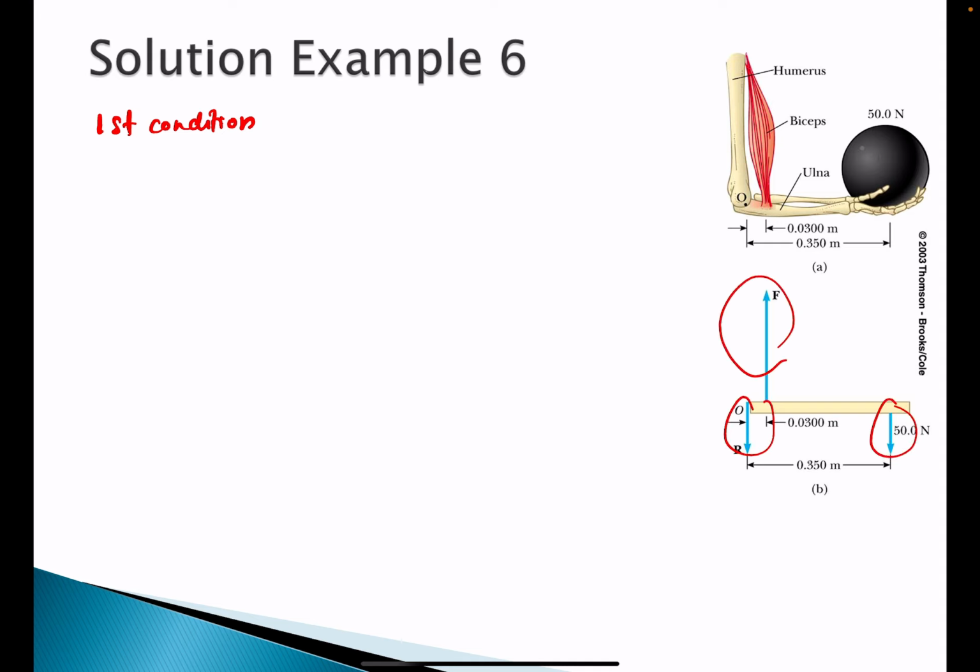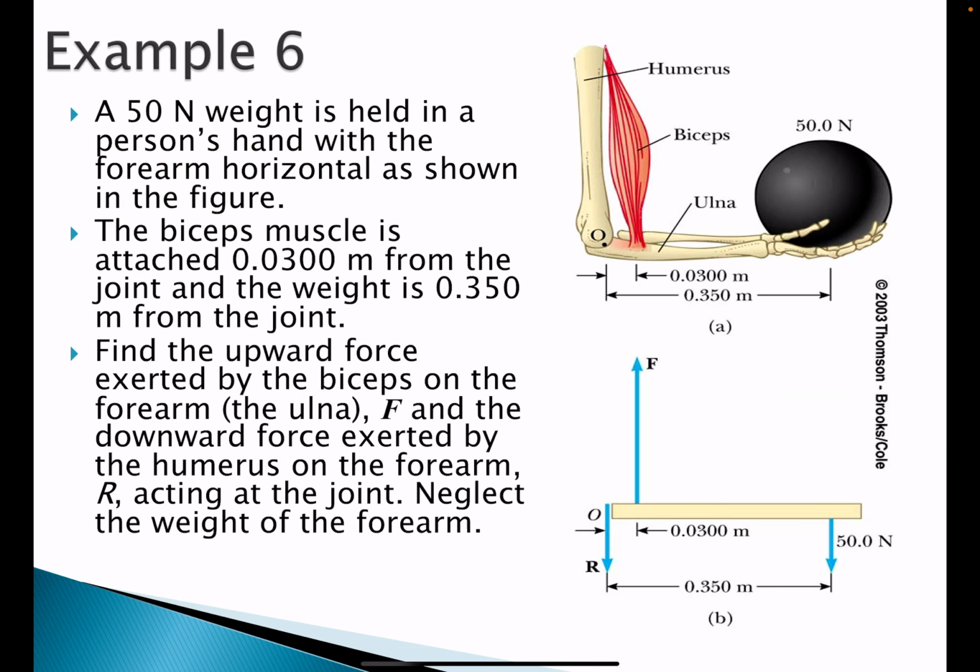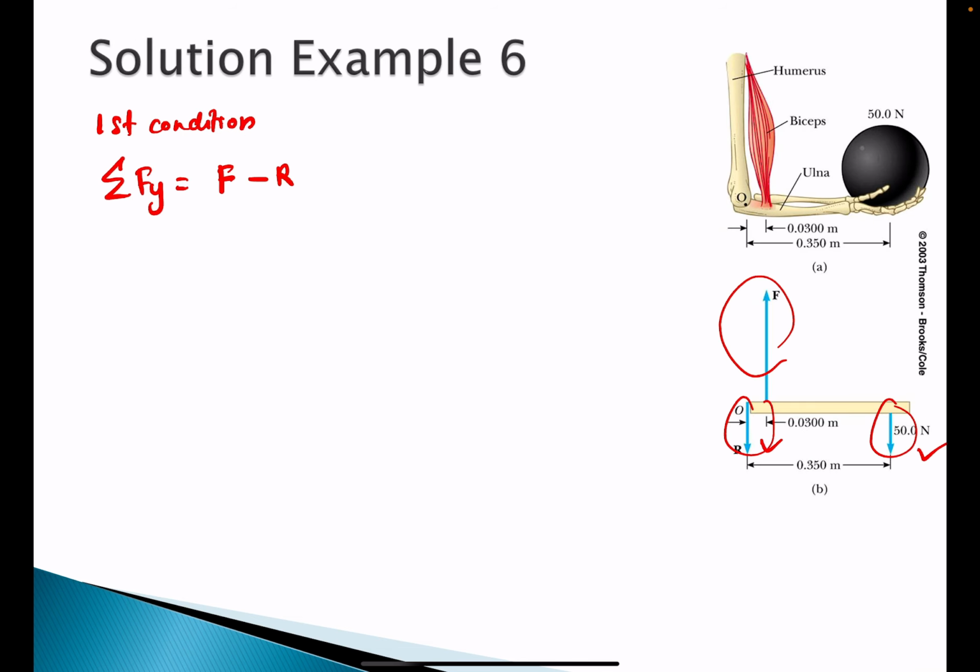So sigma Fy equals F, plus, and then minus the R, and minus 50, equals 0. So this is the first equation. Since you have two unknowns, you need to establish another equation.